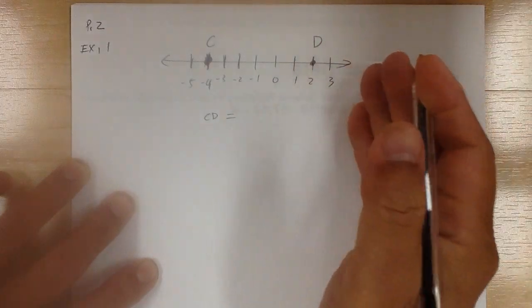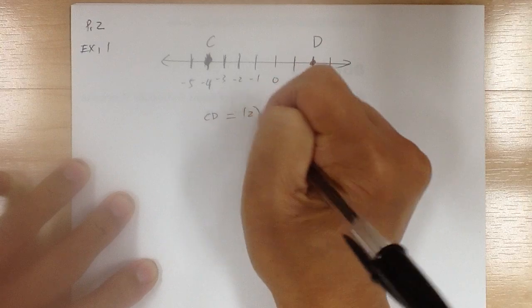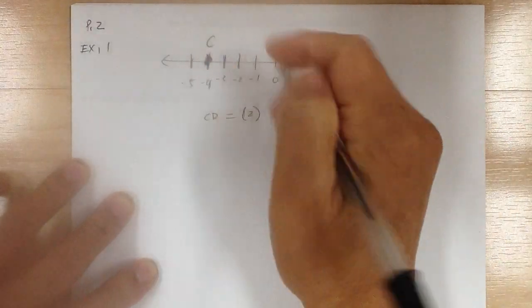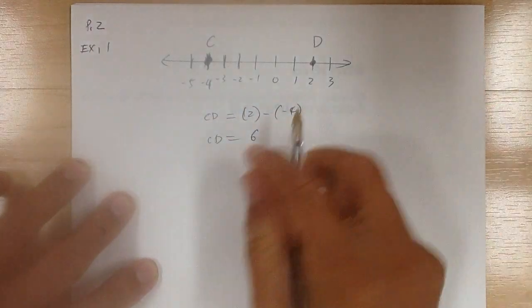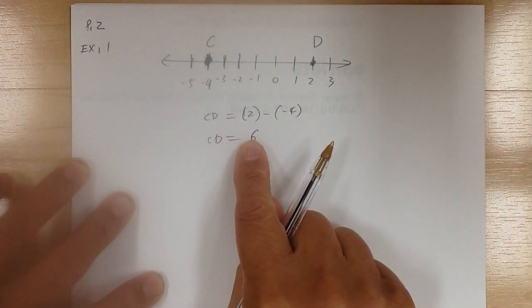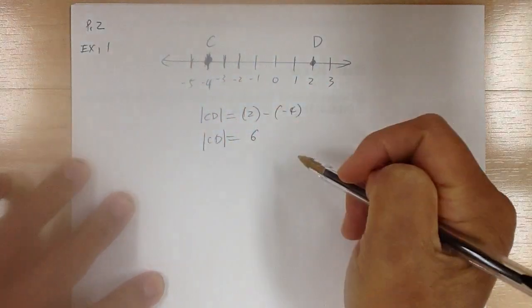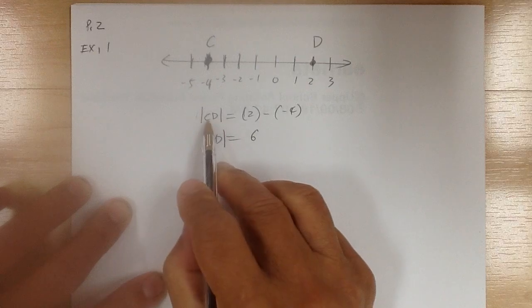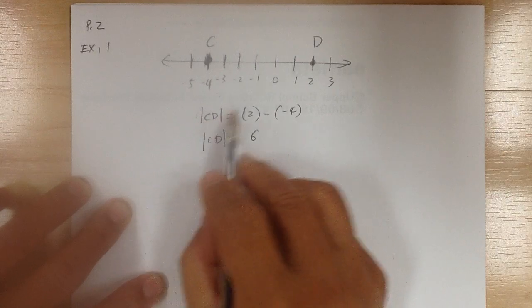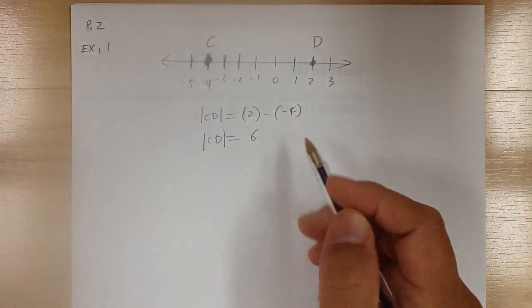So the way that you do it is you use the end minus the beginning. The end is 2 minus the beginning, and so CD will equal 6. That will give you the distance, okay? A lot of times you use the absolute value to indicate it's a distance. Absolute value means the distance. So the distance from C to D is the endpoint minus the beginning point, which gives a distance of 6.